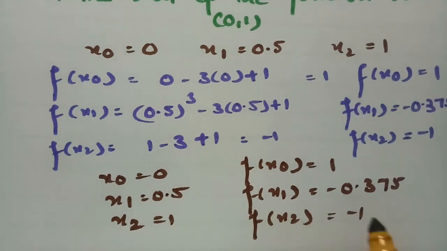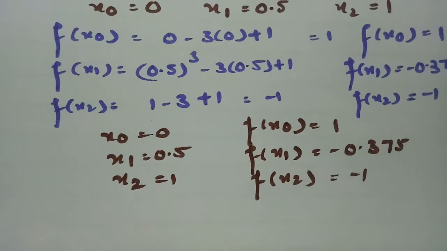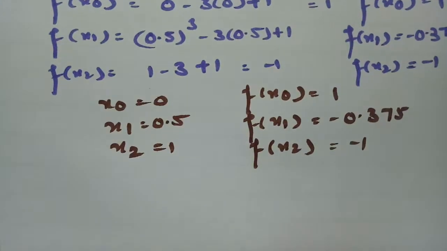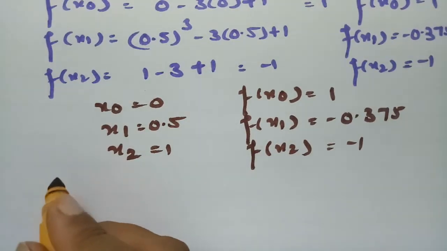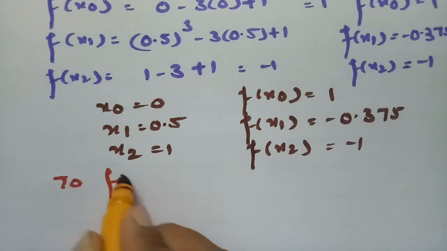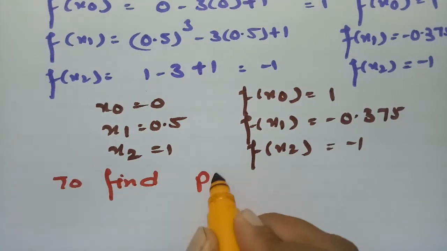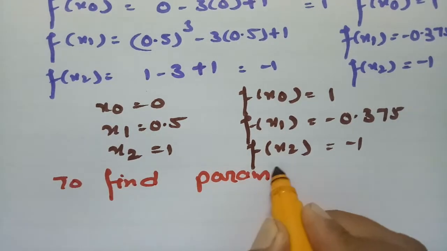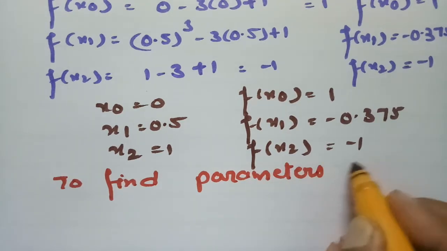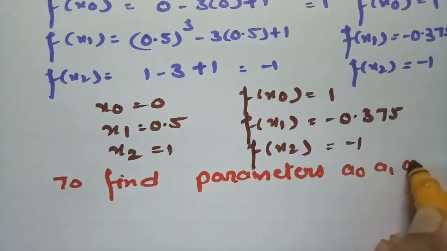So we got all the 6 values. And now we need the parameters a0, a1 and a2. According to the working rule, the next step here is to find these parameters a0, a1 and a2.